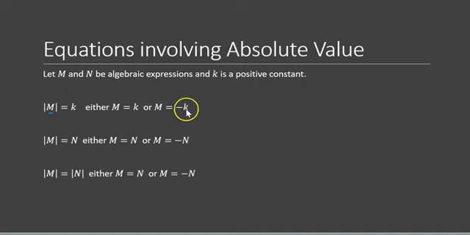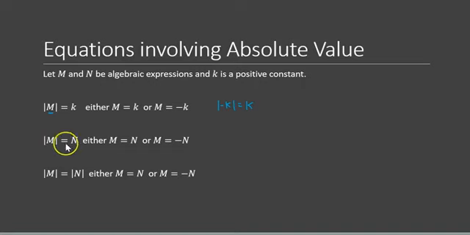So let's look further at what happened here. If m is equal to negative k, then the absolute value of this would still be k, which is equal to this. There are also two more cases when you have two expressions wherein the absolute value of m is equal to n.